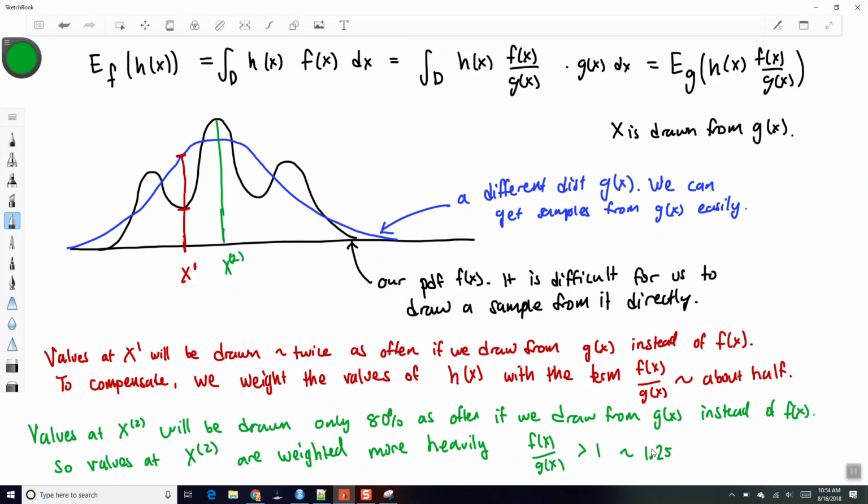Does that make sense? Okay, so we're going to just say, you know what? I don't know how to draw samples from this funny looking thing, f of x. So we just draw from g of x instead, and then we compensate for it using this weighting term, and that's what we do.